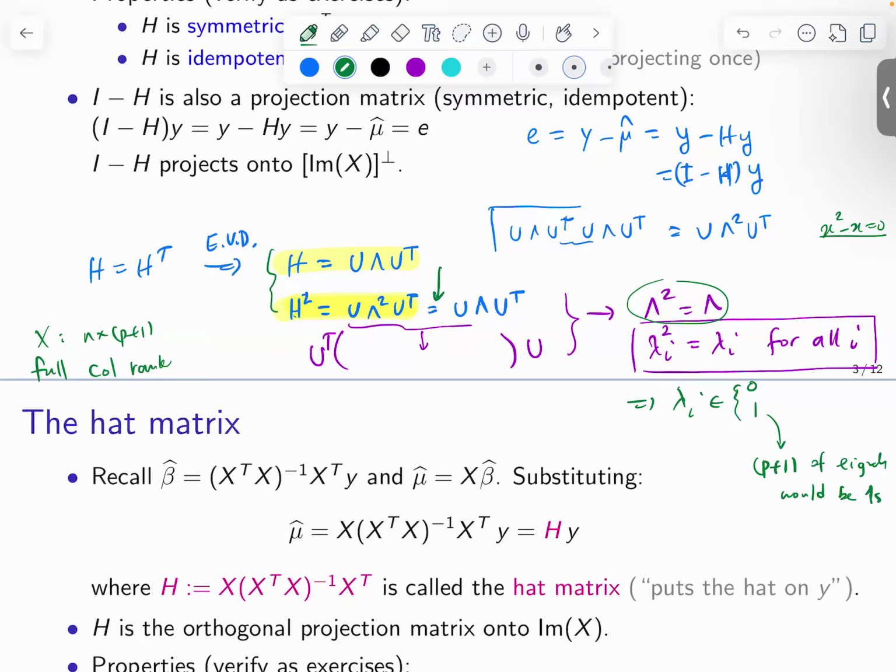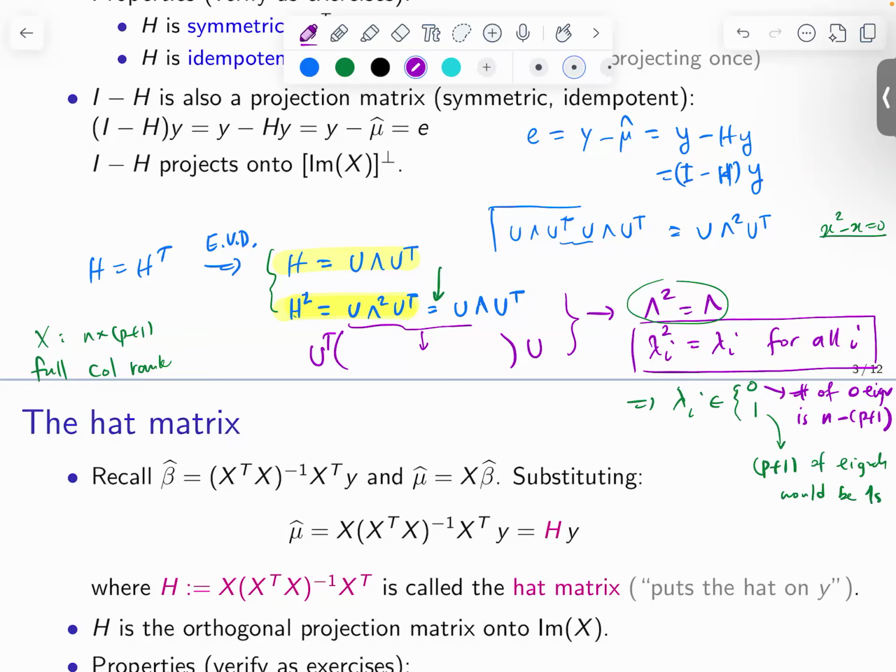And the rank of a matrix is equal to the number of non-zero eigenvalues. Okay, and because the matrix is n by n, the number of zero eigenvalues is n minus (p plus 1). So n minus (p plus 1) would be 0, and p plus 1 would be 1. So we know kind of everything.